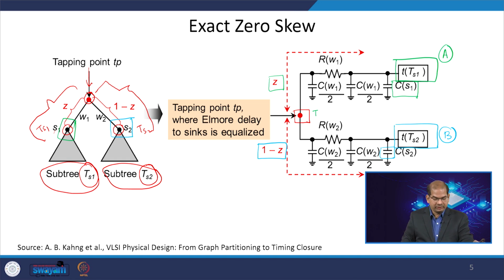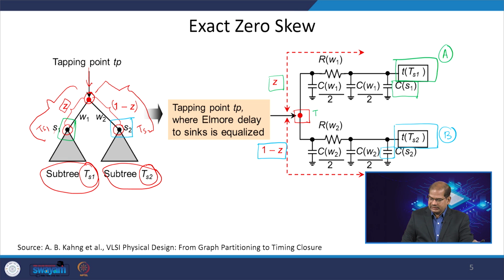So, what we are doing here is that we are finding the interconnect length in both the branches. So, let us say the interconnect length is z in this segment, and the other segment is 1 minus z. Okay. Now, what we did is that we have created an equivalent pi network for the interconnect.